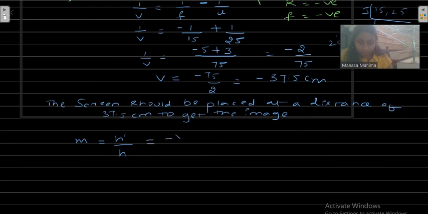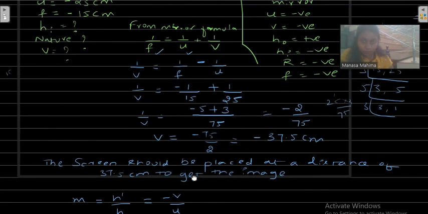So you have to equate with one more formula, that is minus v by u. If you solve for h prime, minus v by u into h. Correct? So what is the value of v here? That minus 37.5. Since you are having minus with the minus sign, so it will be positive. 37.5 divided by, what is the value of u?